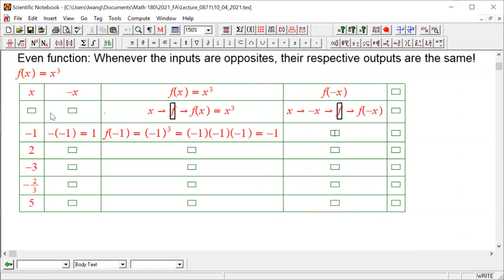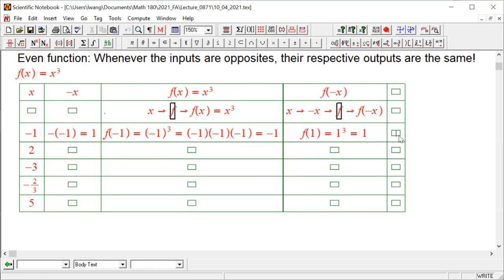Because x is -1, negative x is +1. So f of 1 is equal to 1 to the power 3, which equals 1.